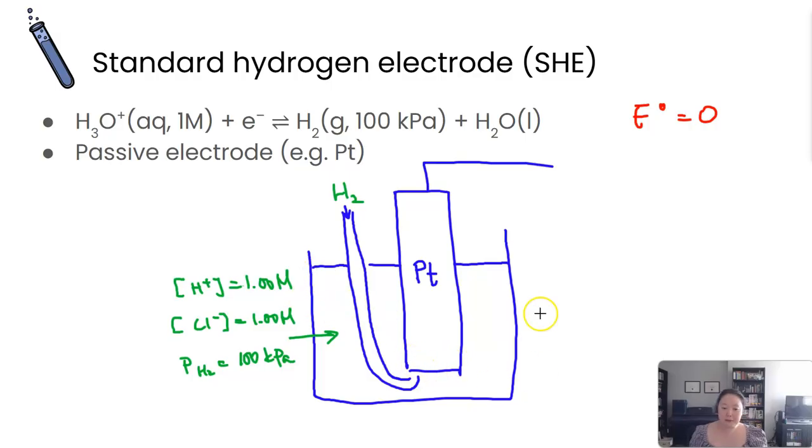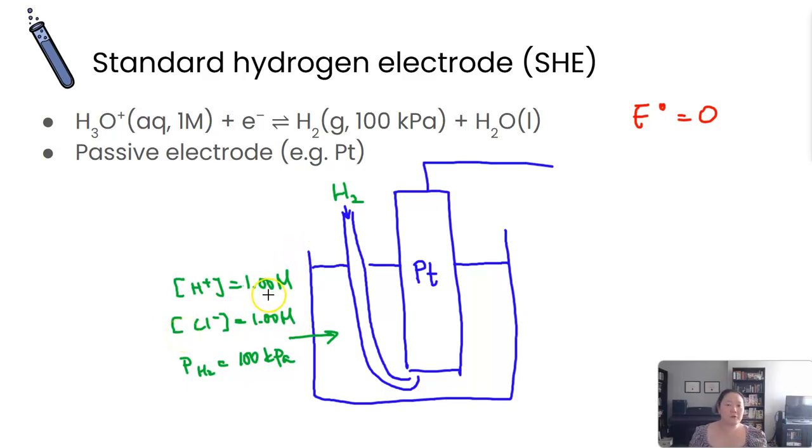It is in a solution, and this solution is going to have some kind of acid in there because we need those hydronium ions. So we need some kind of acid that's going to give you a 1 molar concentration of the hydronium ions themselves. Now the other ion is going to depend on everything else.